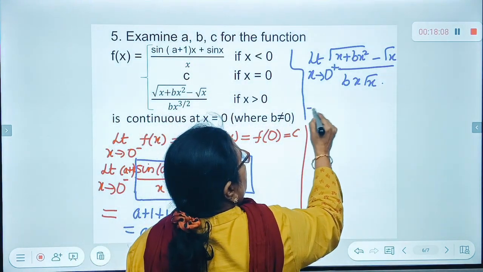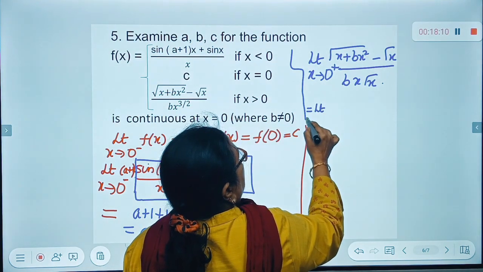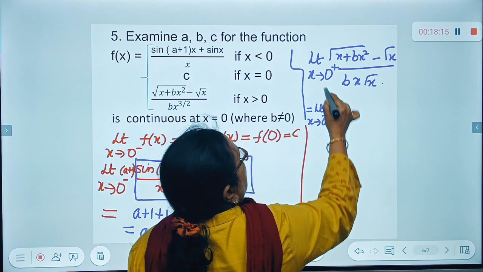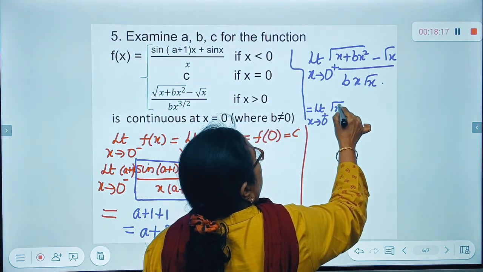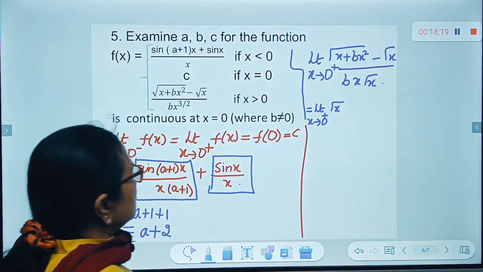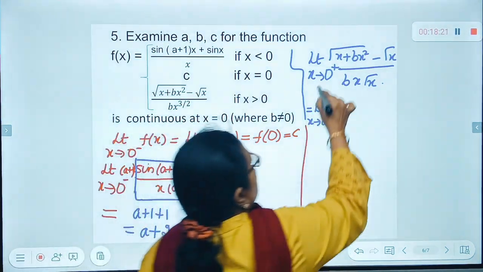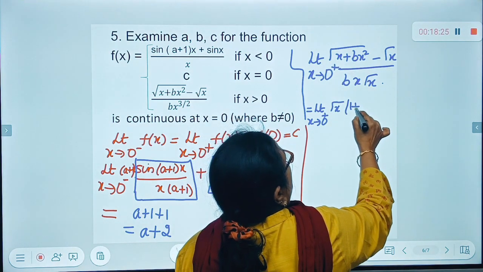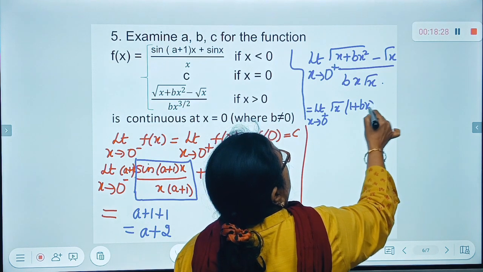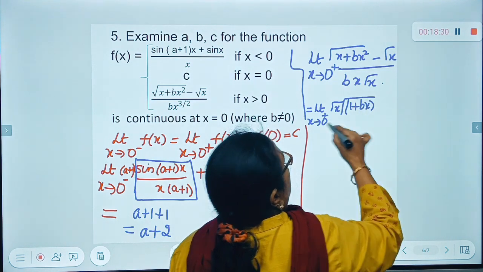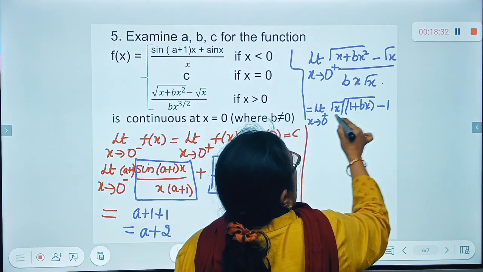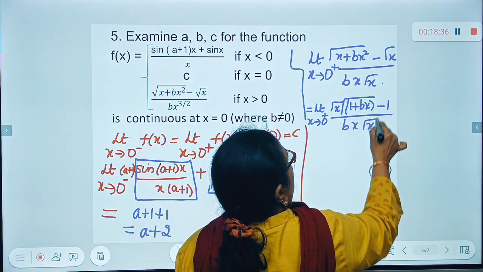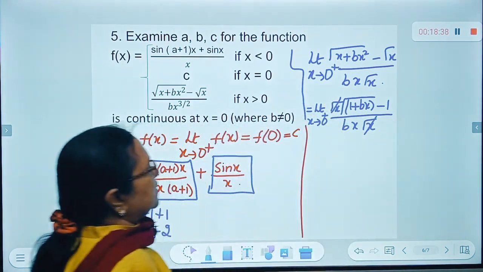This involves a manipulation. Just observe carefully. I am going to take root x outside. If I take root x outside, actually within the root I am dividing by x. So I will get root of 1 plus bx minus 1 divided by b into x root x. Now root x gets cancelled.